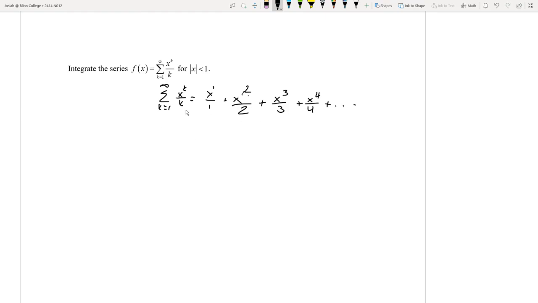So we should be able to take the integral of both sides and work out just fine here. So we're going to take the indefinite integral with respect to x of both sides. That should be our integral of f of x.